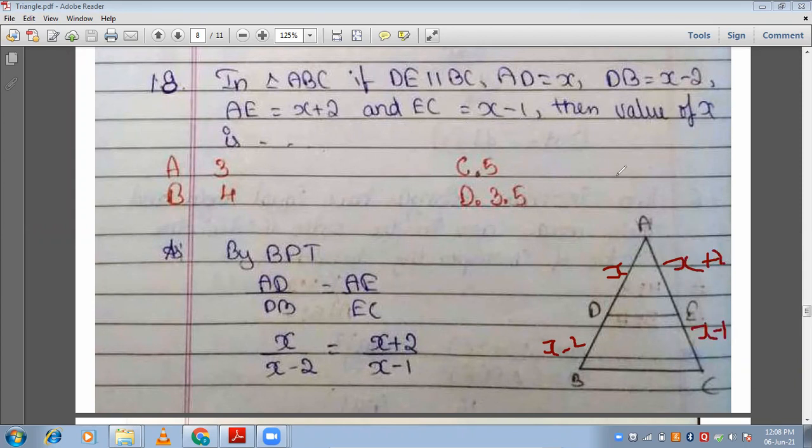Then the value of x is dash. So by BPT, AD by DB is equal to AE by EC. Now substitute the values: x by x minus 2 is equal to x plus 2 divided by x minus 1.